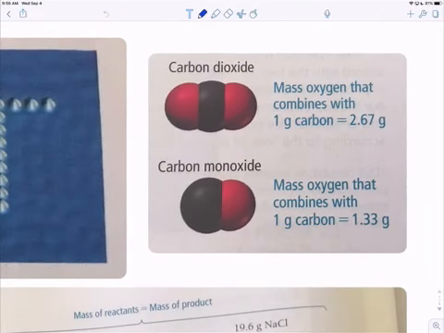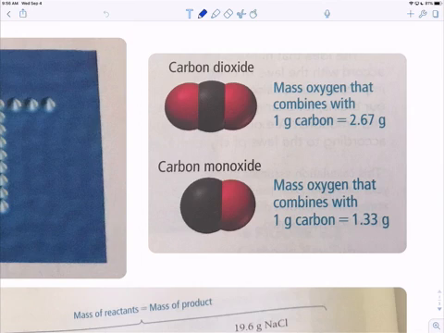Showing here, here's the law of multiple proportions. For carbon and oxygen, we can form two different compounds. We can form carbon dioxide, and we can form carbon monoxide, but they have two different set ratios.